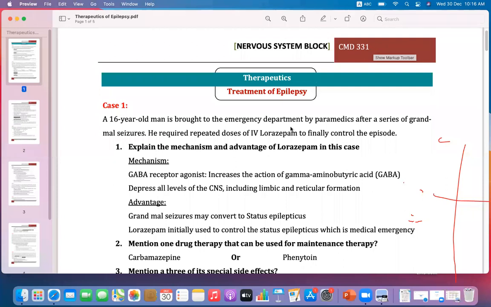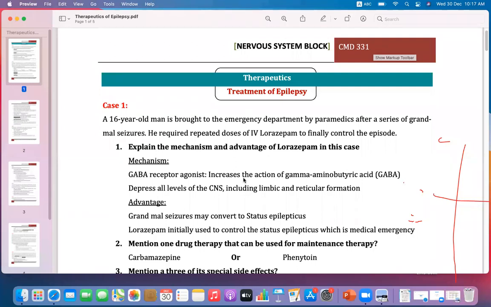Okay. So, mechanism and advantage of lorazepam in this case, as we know that lorazepam is from the category of benzodiazepines, and in the benzodiazepines there is another very well known drug, that is diazepam, and lorazepam.